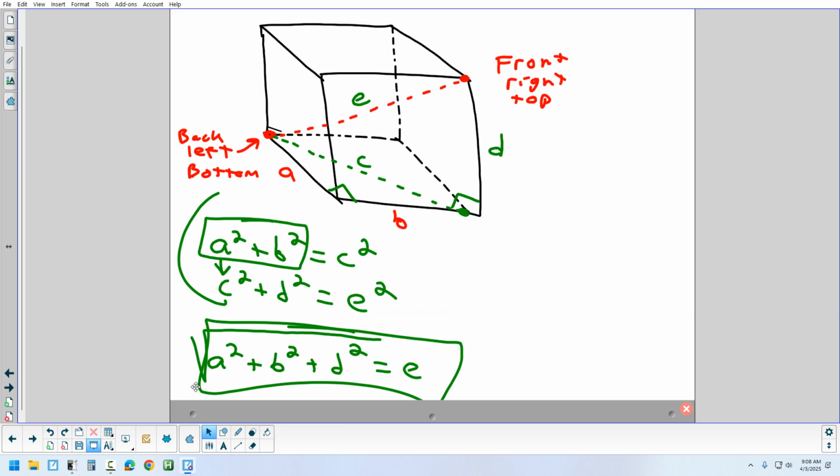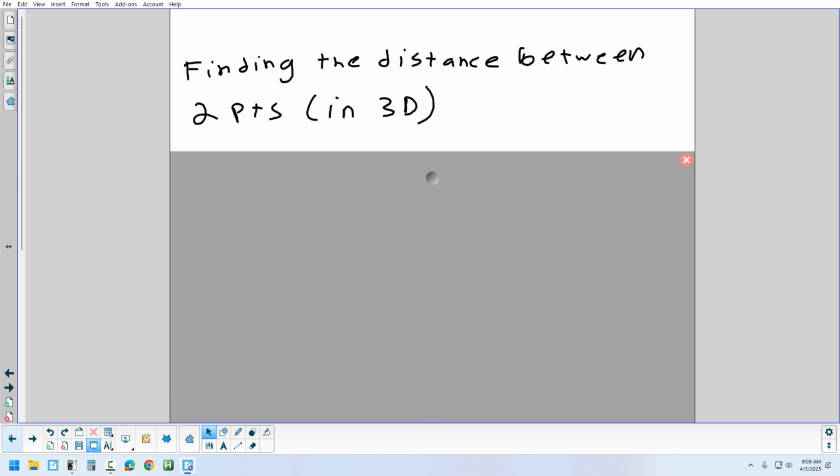Okay. It's very similar to 2D, except instead of just squaring one number and another number and adding them up, you have to square 3 numbers, add them up, and take the square root. Okay, so there's one more extra number you have to square.